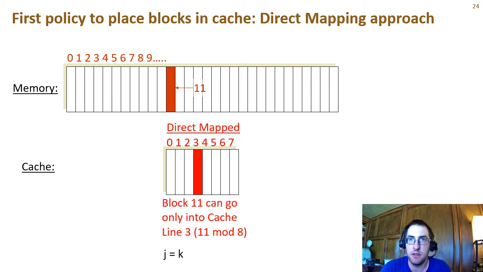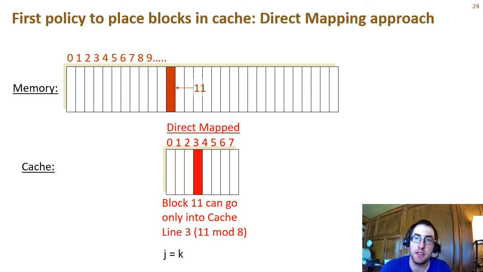So there's the direct part. And then block 8 will go to 0, 9 to 1, 10 to 2, 11 to 3, 12 to 4, and so forth. The way to find the address in the cache of a block then is to take the block number and mod it by the number of blocks in the cache. So block number 11 modulo 8 blocks in the cache tells us that the location in the cache to look for block 11 is line 3.